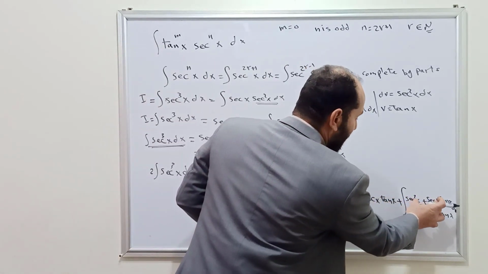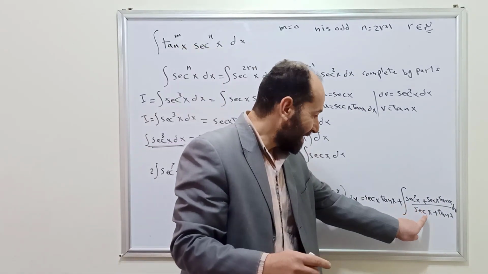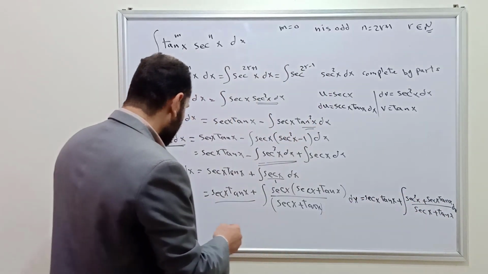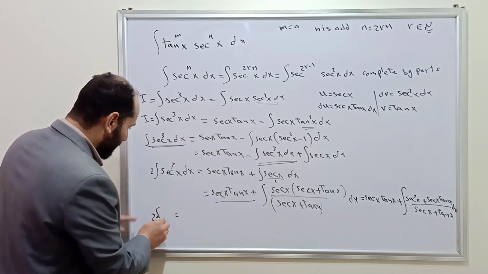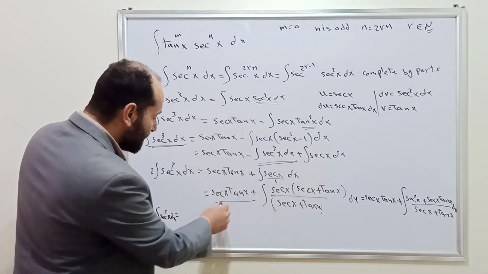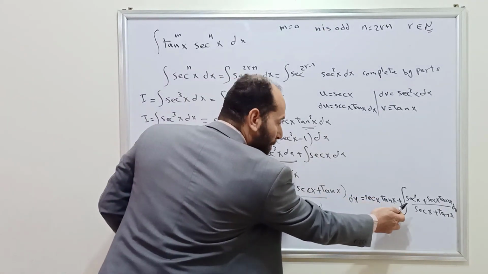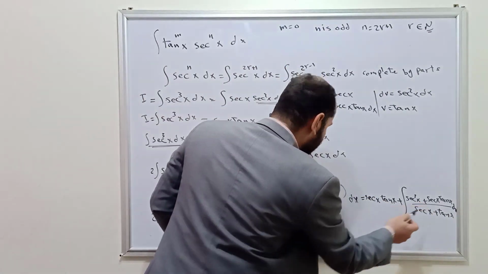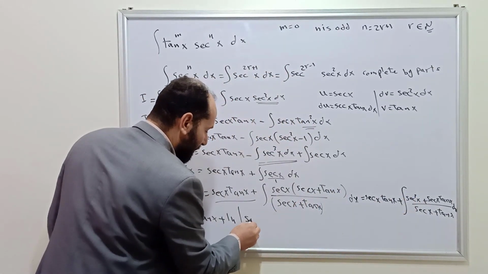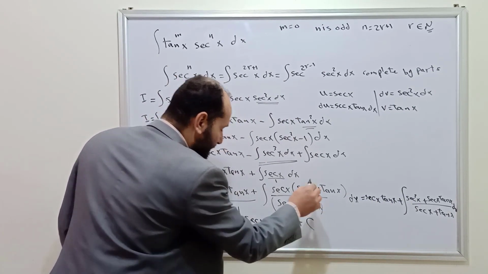We notice that the numerator is the derivative of the denominator, because the derivative of sec equals sec tan, and the derivative of tan equals sec squared. So 2 times the integral of sec^3 x dx equals sec x tan x plus ln of the absolute value of the denominator, sec x plus tan x, plus c.